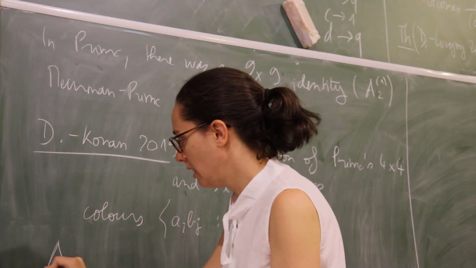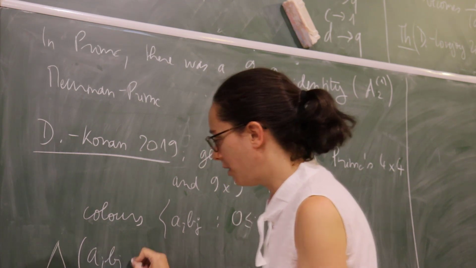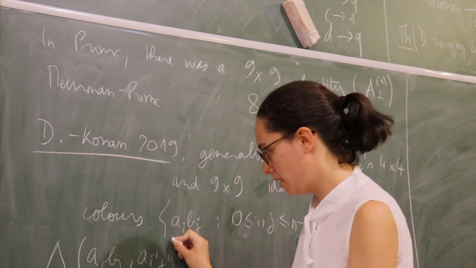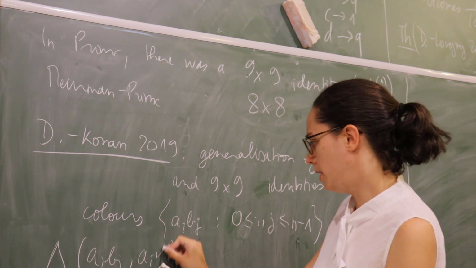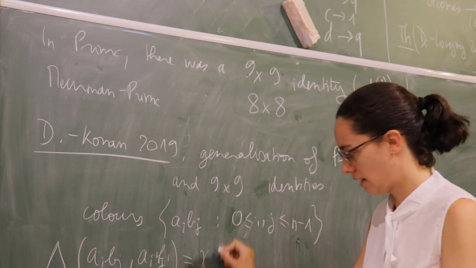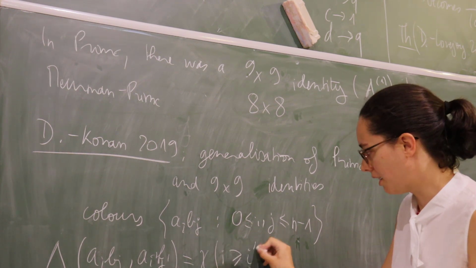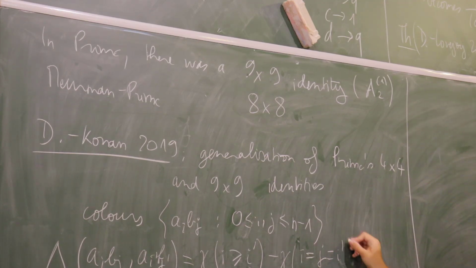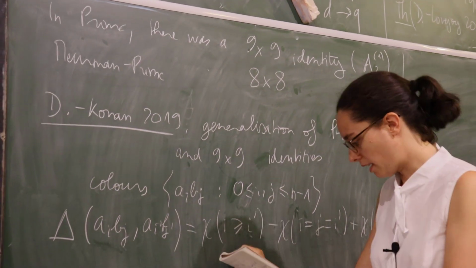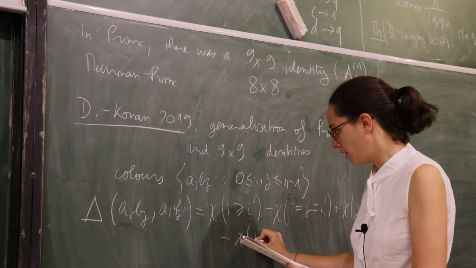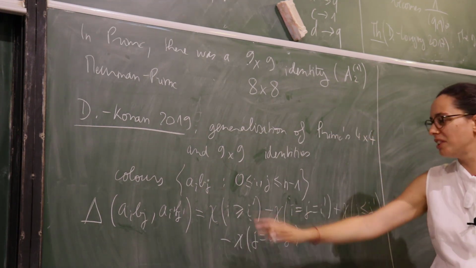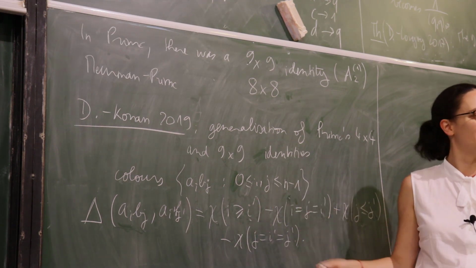And the difference conditions: the minimal difference between the part colored A_i B_j and the part colored A_i' B_j' is chi(i > i') plus chi(j ≤ j') minus chi(i = i' and j = j'), and chi is just the function equal to 1 when the thing inside is true and 0 otherwise.